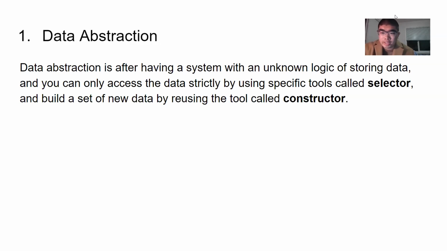Your task is to assume that it already works very well, as expected, and then your job is to use the tools that already exist to store the data or to access the data, only using these tools. Maybe you know the logic or maybe you don't, but that doesn't matter.